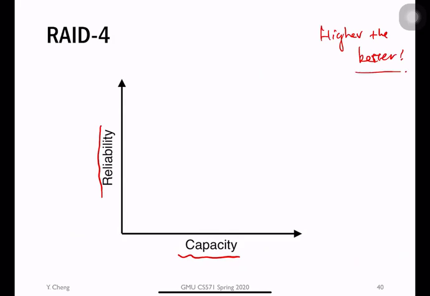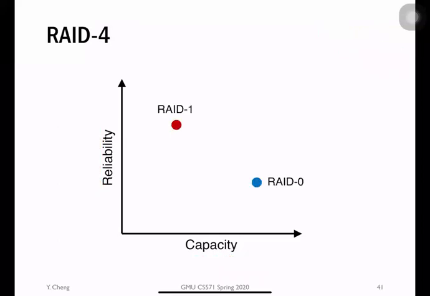Okay, so far we've covered two basic configurations, RAID-0 and RAID-1. Where exactly do these two configurations lie in this two-dimensional space? As you can see in this slide, RAID-0 lies on the right-hand side and RAID-1 lies on the left upper corner. Okay, why is that?